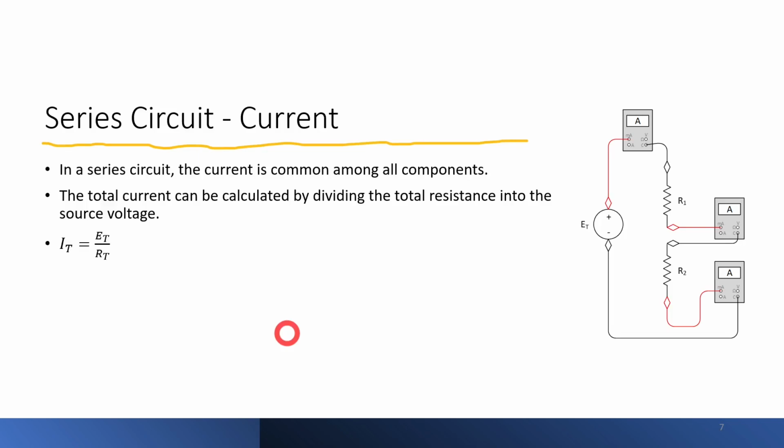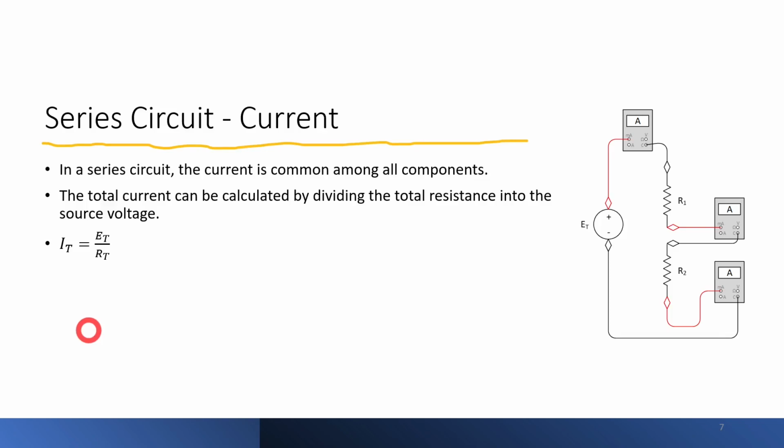Remember, I is the letter we use to represent current in our math formulas. E is the letter we use to represent voltage, and R is the letter we use to represent resistance. The subscript T means total. So if you notice, this formula uses total for all of them.